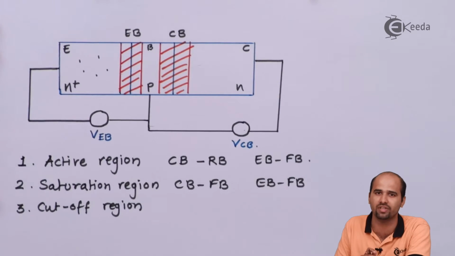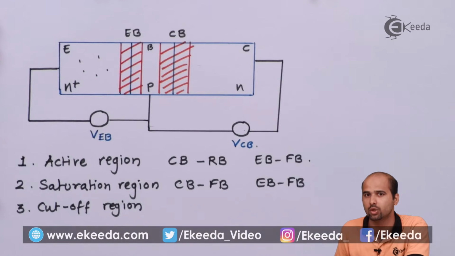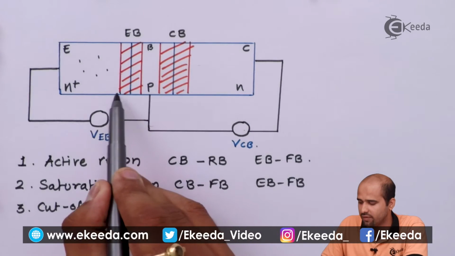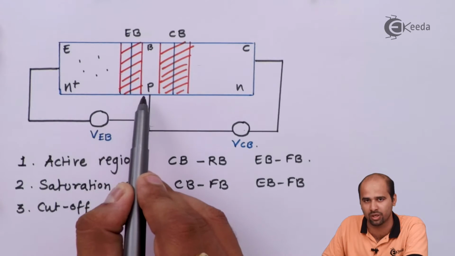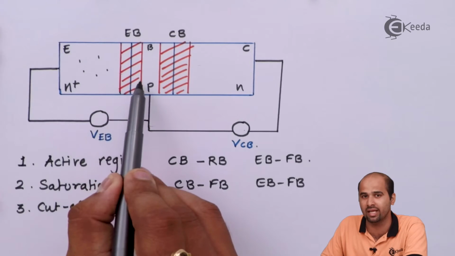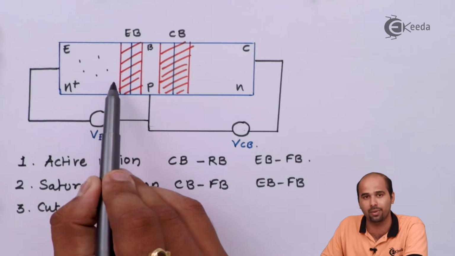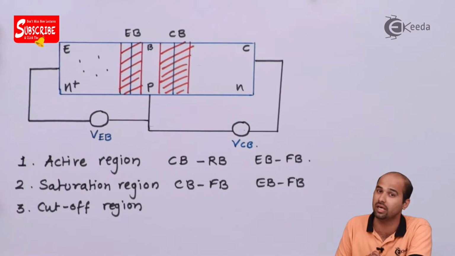It's in the range of nanoampere or picoampere. So this cut-off region will obviously conduct very little current. In turn, it will have a very large barrier width and barrier potential as well. So to increase the length of the barrier, both the EB and CB junctions should be reverse biased.